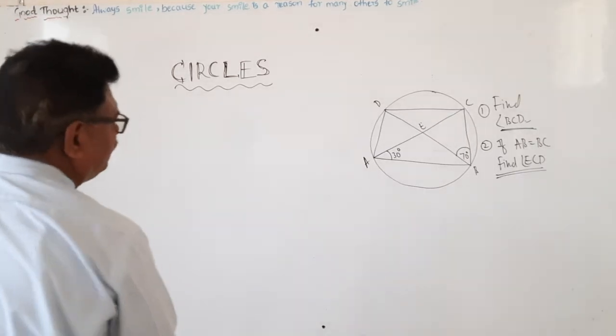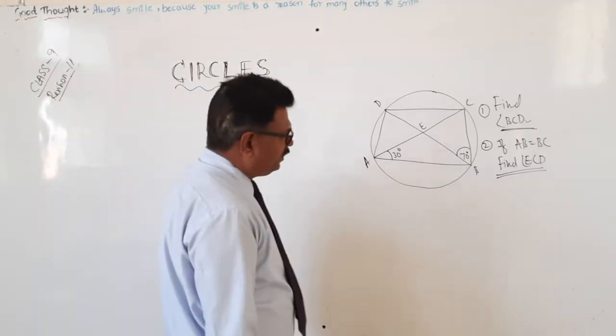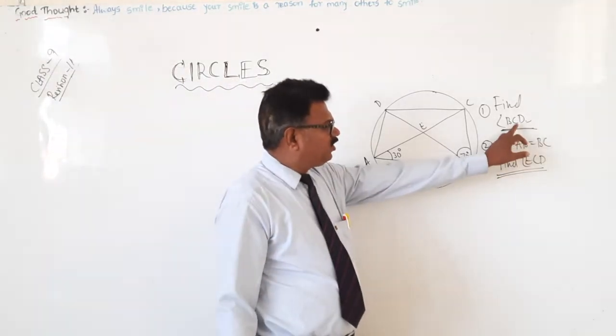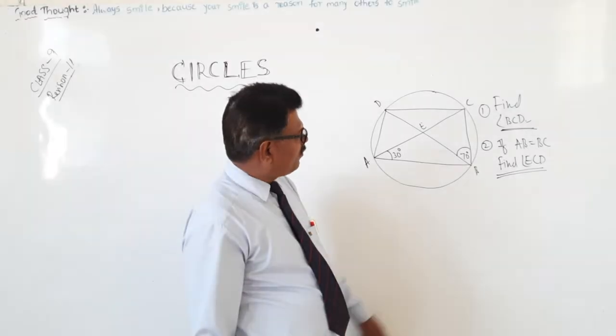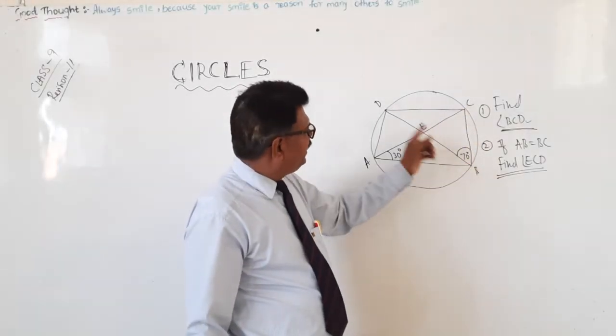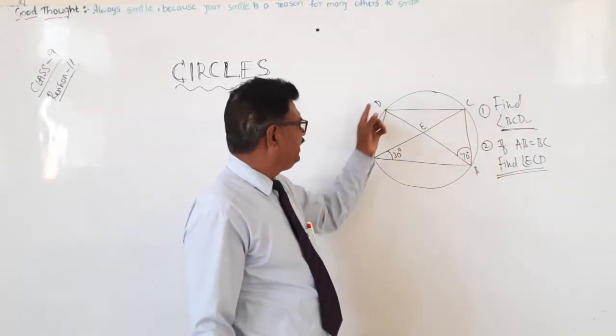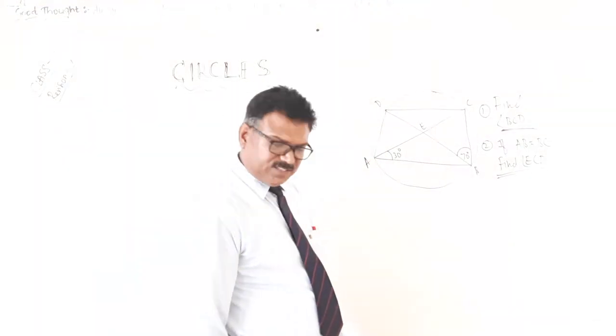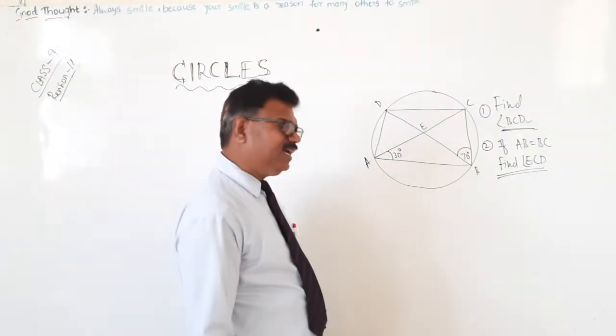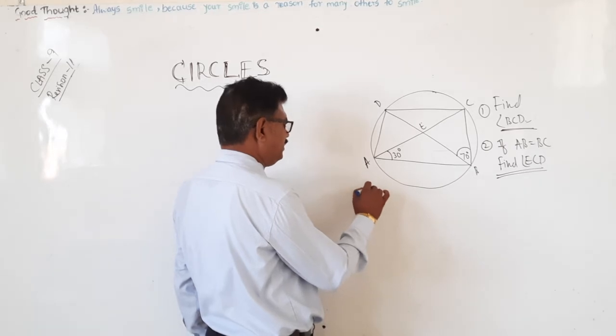Yes. Now you see. First we have to find out BCD. There is no problem. CBD is equal to CAD. Why? Yes, very good. Both are on the same segment.